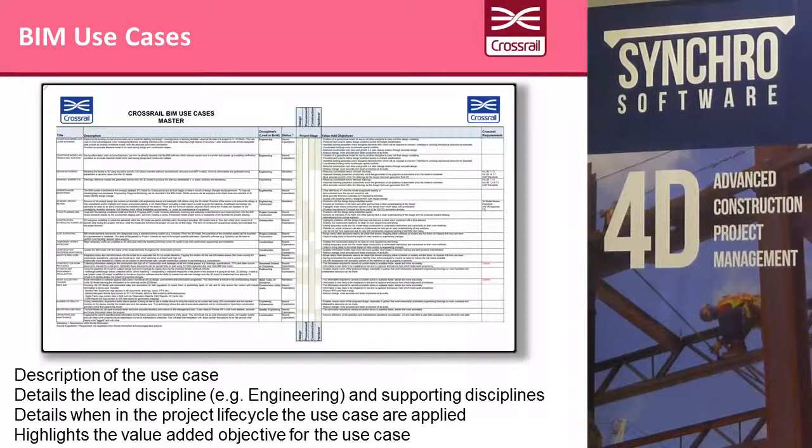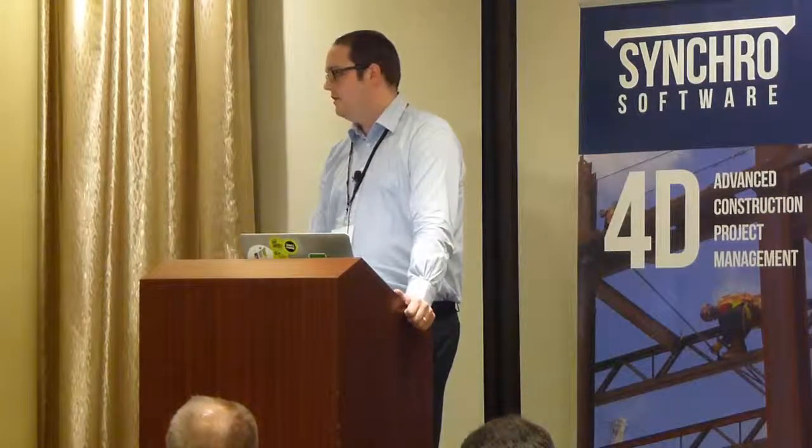So there's things on here like field BIM, using the model out in the field, interactive design reviews, phase planning, construction sequencing. It gives a brief description of what they are, who leads the discipline, roughly where they come in the project. But probably the most important one for us is it gives a general idea of the value that you can expect to get from these BIM use cases.